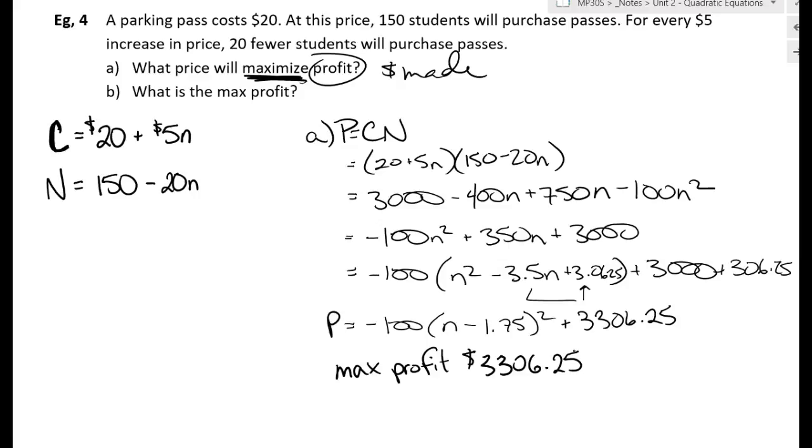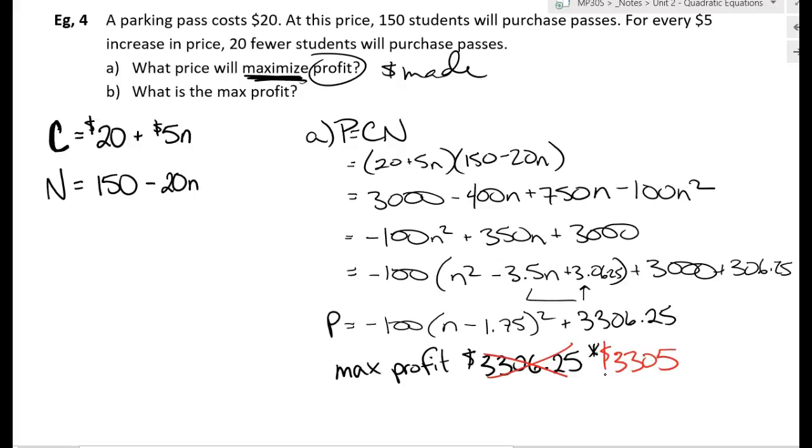Now, this seems weird because we are looking at whole values up in here. So this is not a legitimate answer. As much as it matches my equation, my maximum profit would actually be, and we're dealing with multiples of 5, so it's not even going to just be like knock off the decimal. It has to be $3,305.